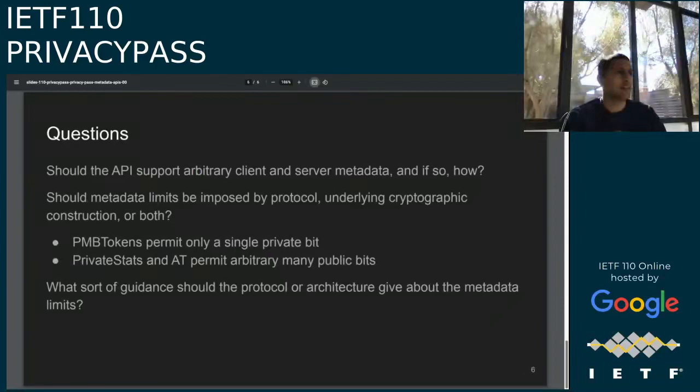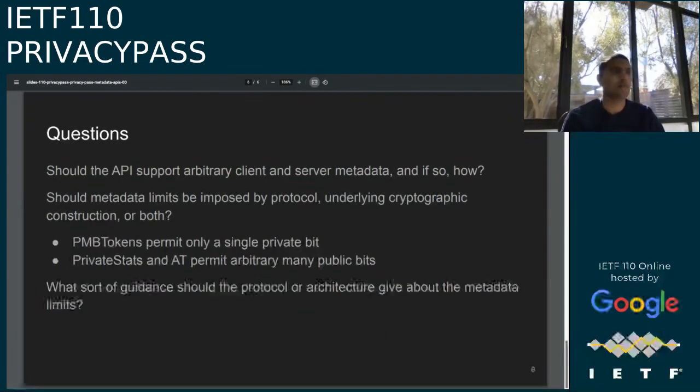I feel like how the metadata is actually constructed is probably left to the applications, but constraining the size of the metadata would require the applications to also supply some sort of mapping table.